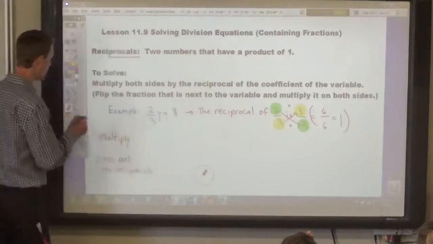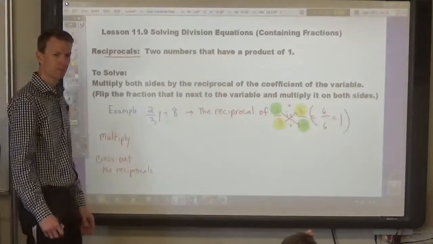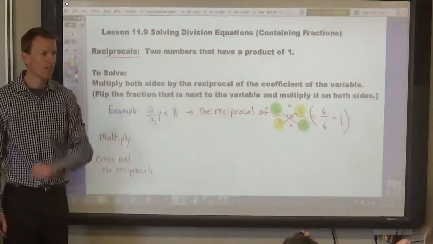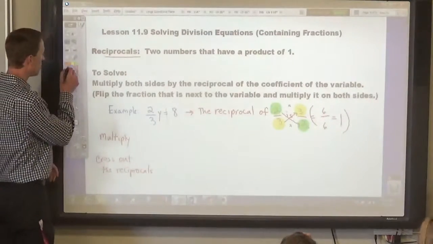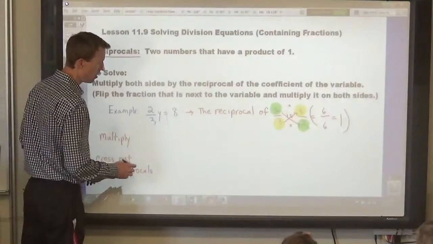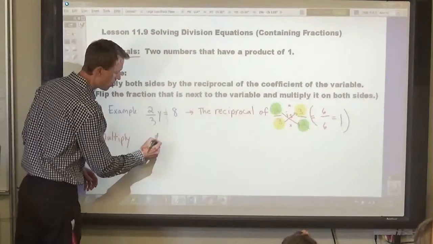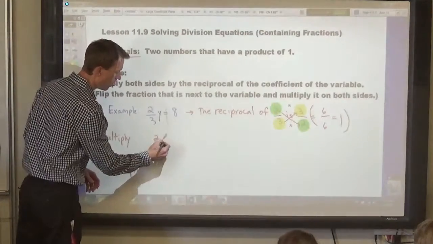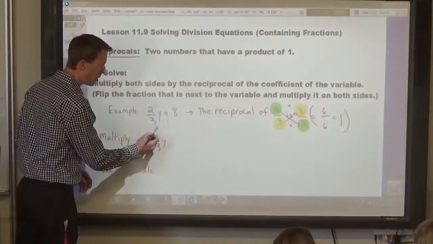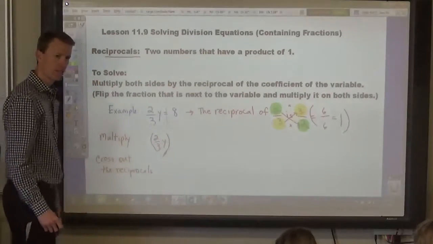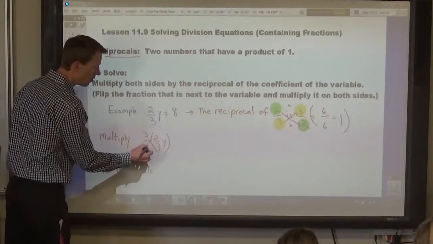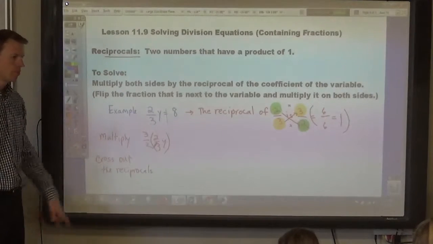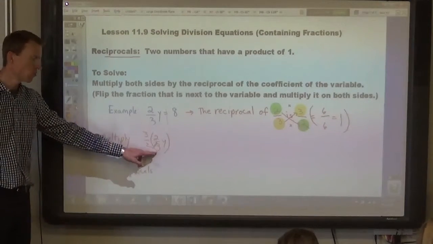So what is the reciprocal of 2/3? Roy? 3/2. It's 3/2. So here's how you're going to show it. You're going to write 2/3 y, put parentheses around it, and write 3/2. 3/2 times 2/3.